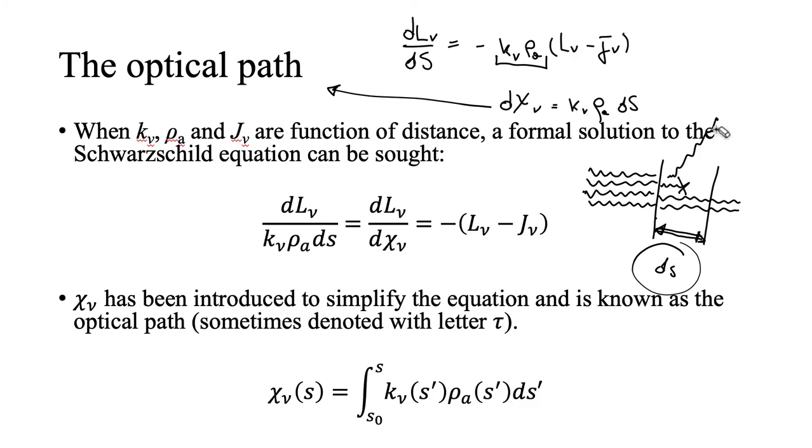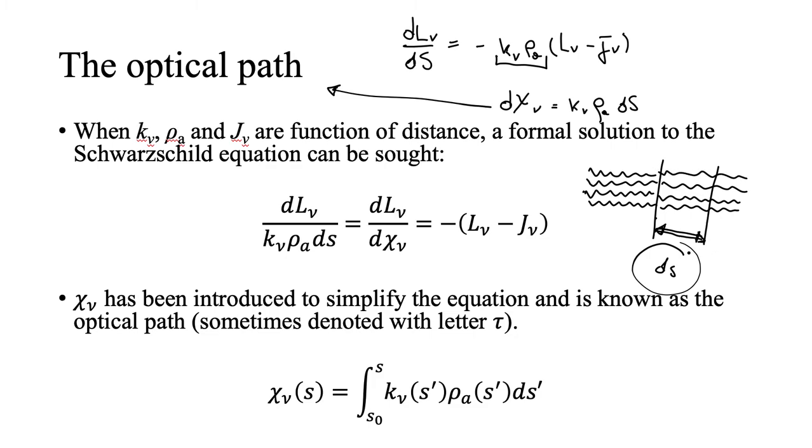Let's take, for example, the case where the extinction coefficient is 0, meaning that the material is transparent.